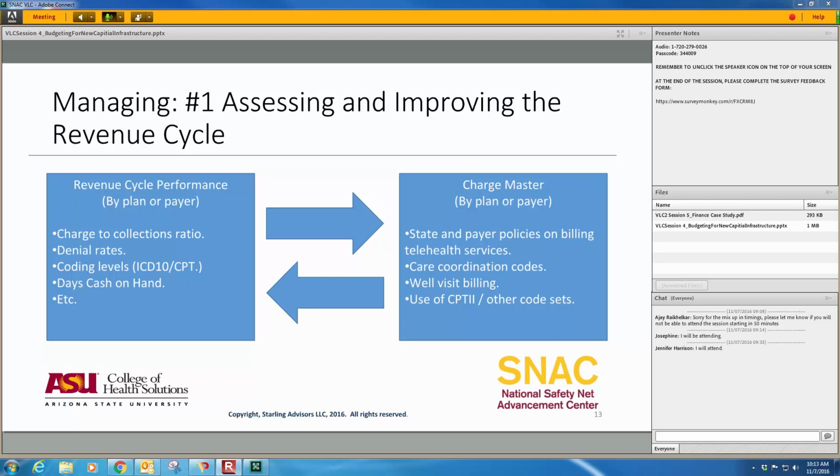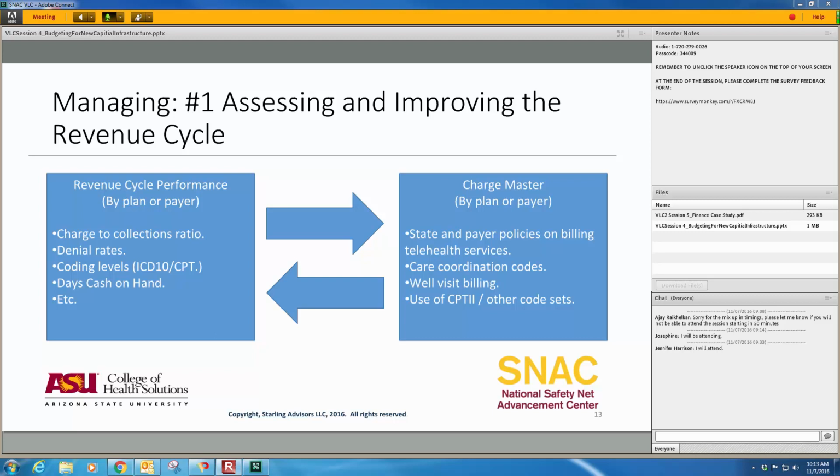Understanding denial rates and looking at coding levels, both in the ICD-10 and CPT coding arena, is critical to make sure that you're describing to your payers all the work that you're doing with these patients, as well as all of the illness or disease presenting at your organization.